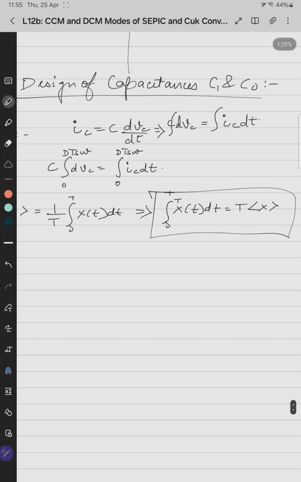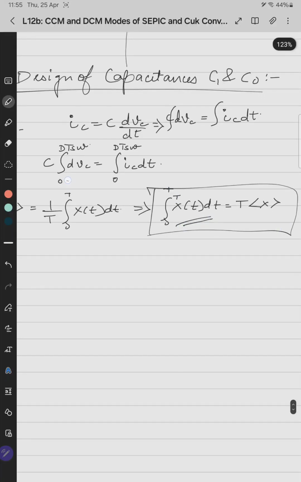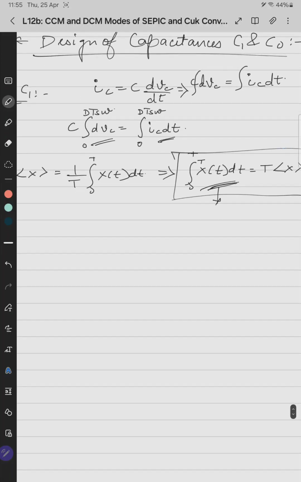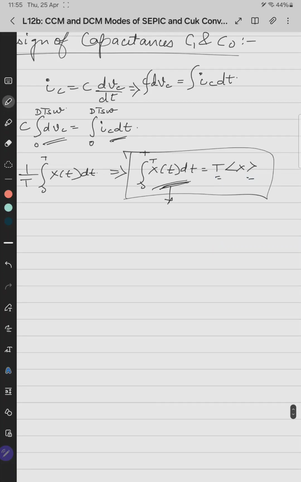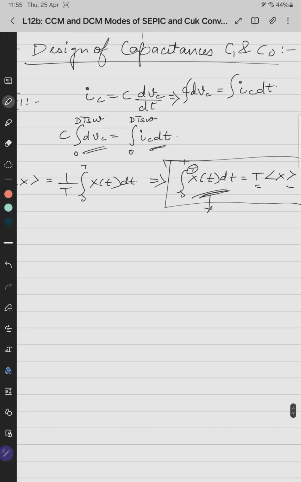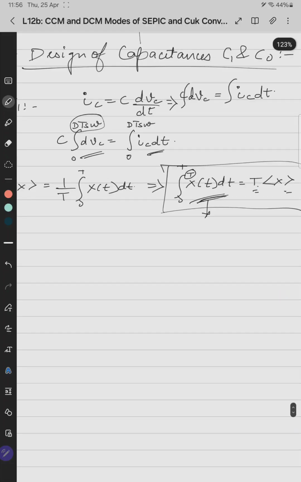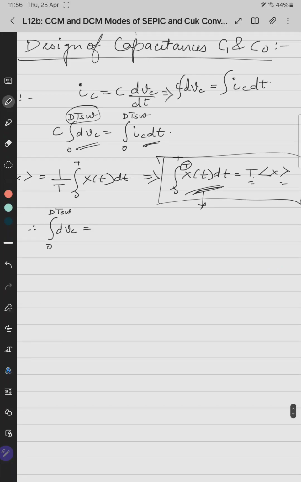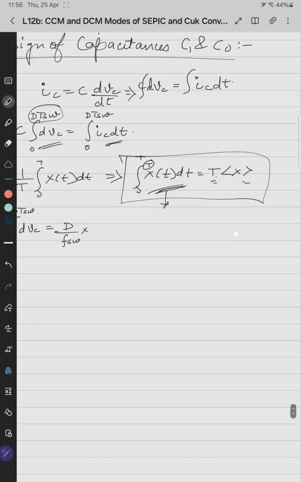What is T? T is the limit till which we are integrating. Here T is D into t switching. So the integral of dvc from 0 to D into t switching is T, which is D into t switching or D by f switching, into the average value of x.